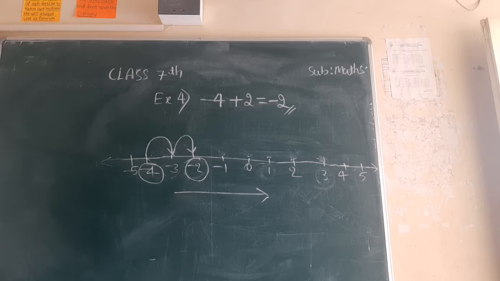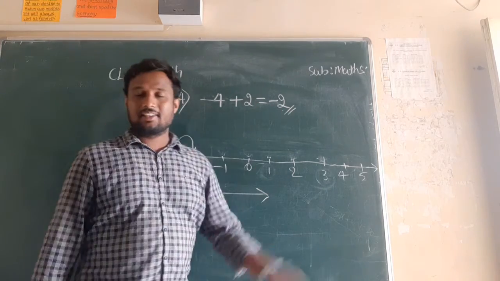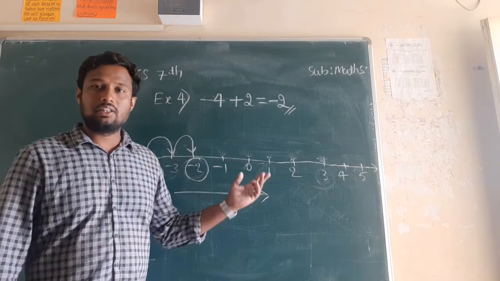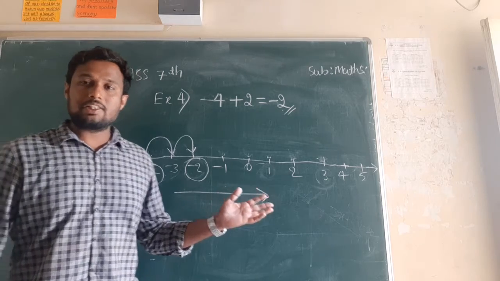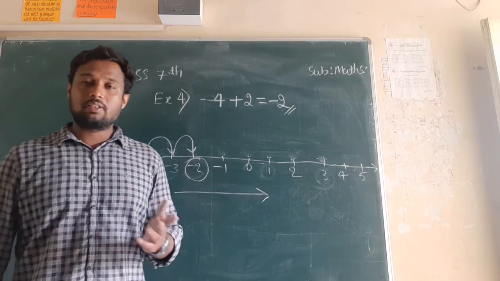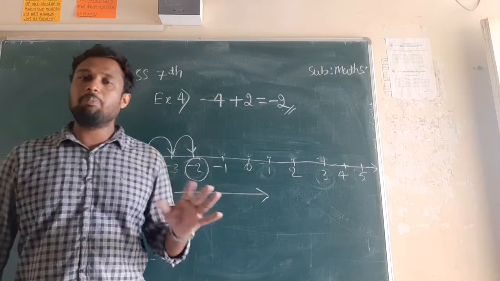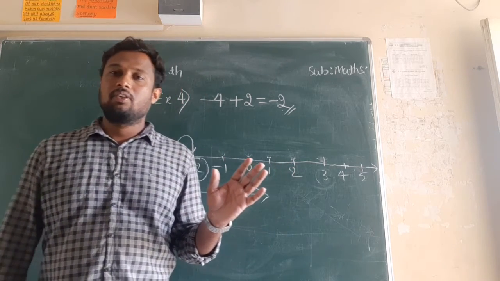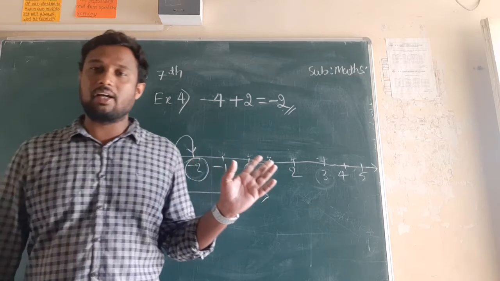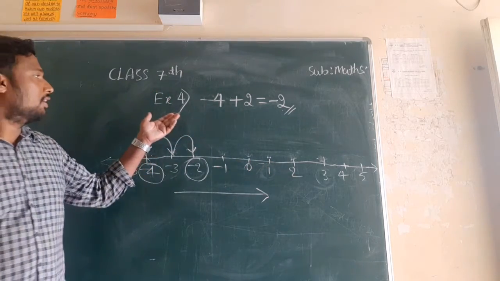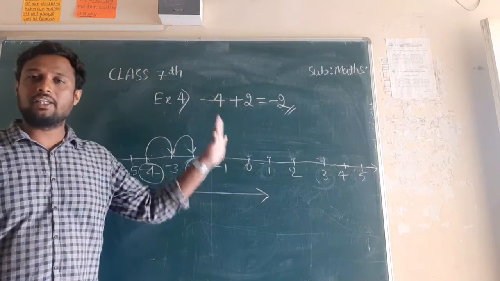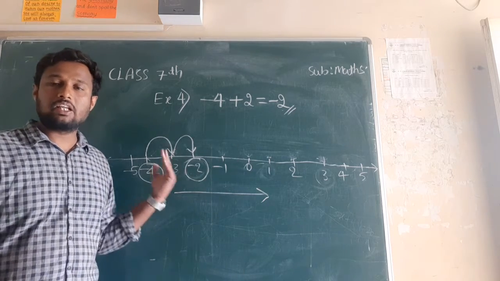So without number line we can get the correct answers by using formulas like plus into plus plus, minus into minus plus, plus into minus minus, minus into plus minus. So you should be very perfect in those formulas. If you are perfect in that, then you can solve any kind of integer problems very easily without any number line.